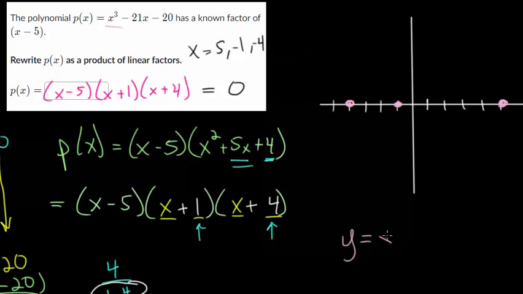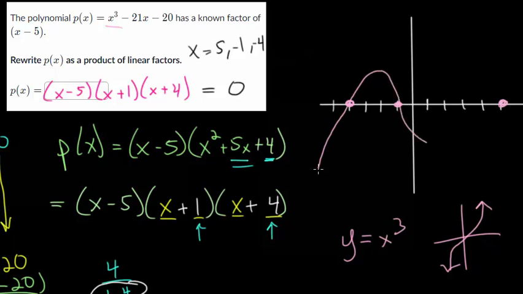So if you know what y equals x cubed looks like, which very roughly is going to look something like that, then you know roughly what this polynomial will look like as x gets really big or really negative. So it's got to come from below, since that's based on the end behavior. It's going to go up, come back down through this 0, and then go back up through this one.